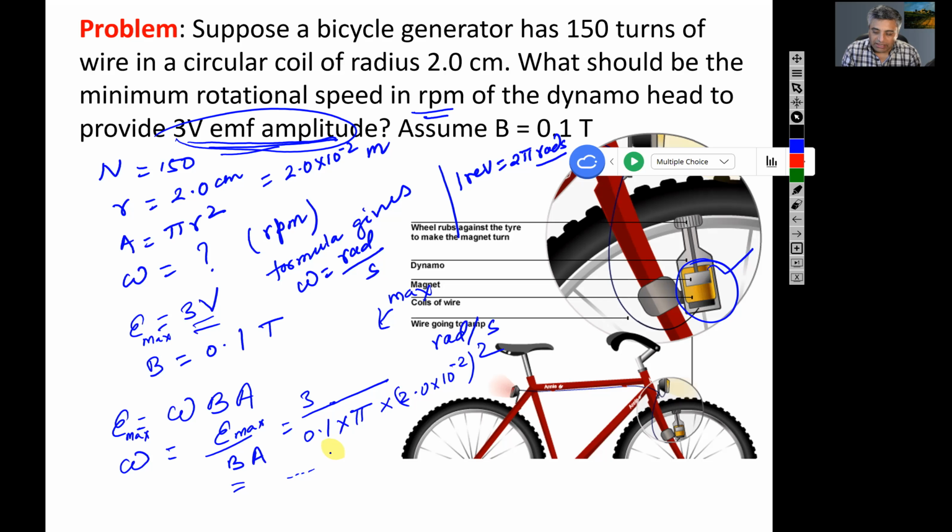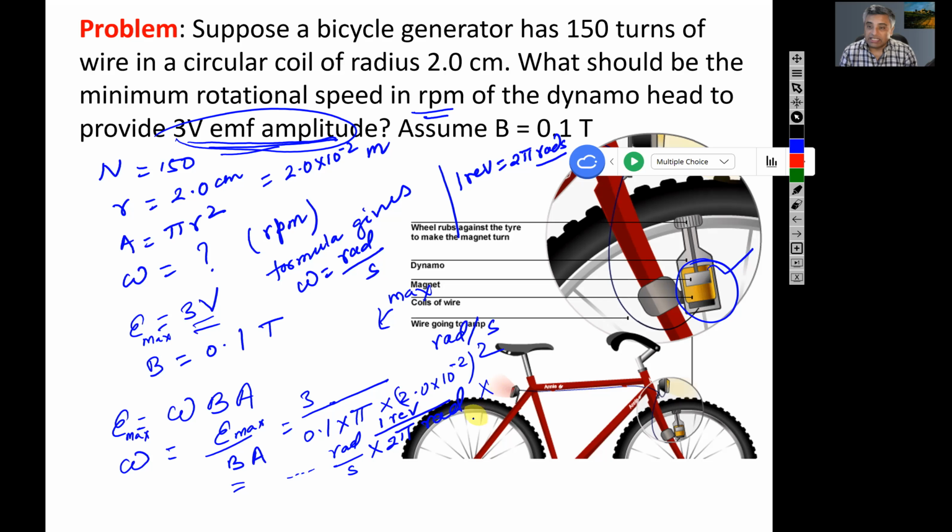So radian is nothing but meter over meter. So radian per second, you want to get rid of radian. That means it's going to be 2 pi radian in the denominator and 1 revolution in the numerator.